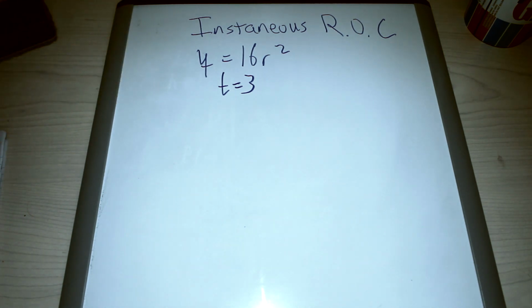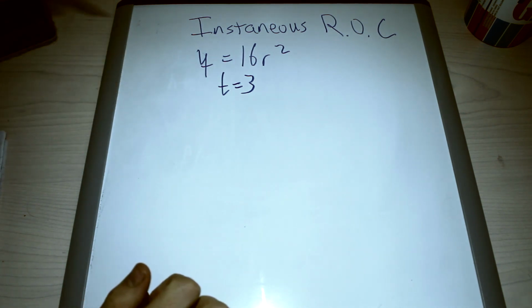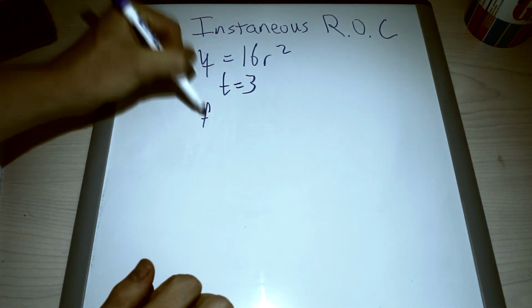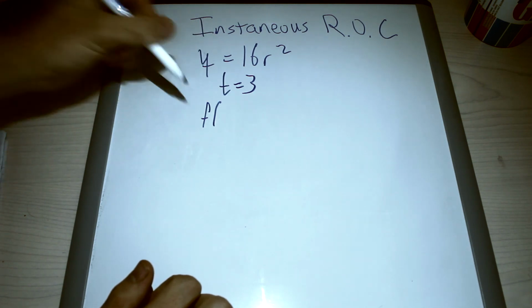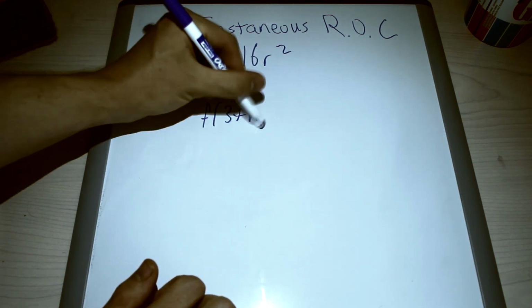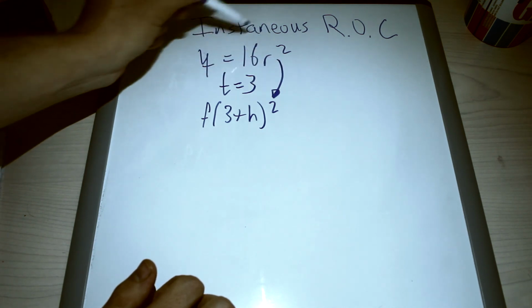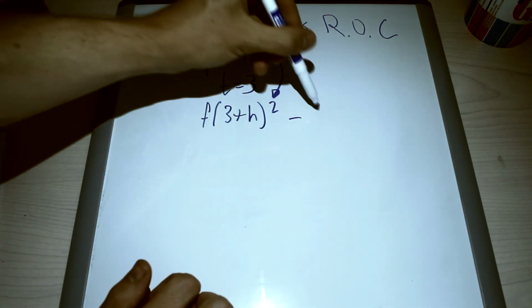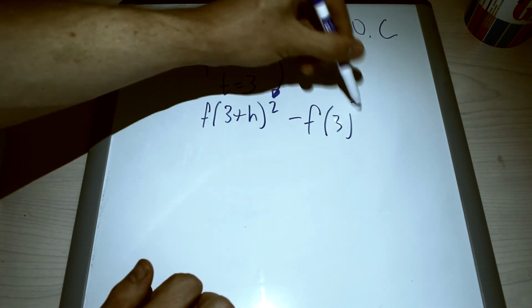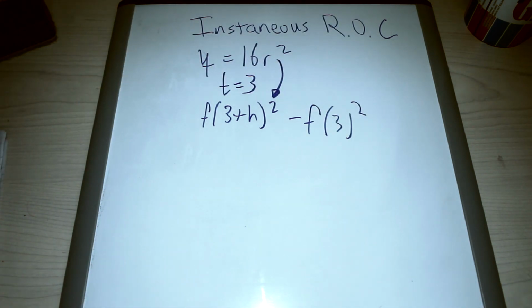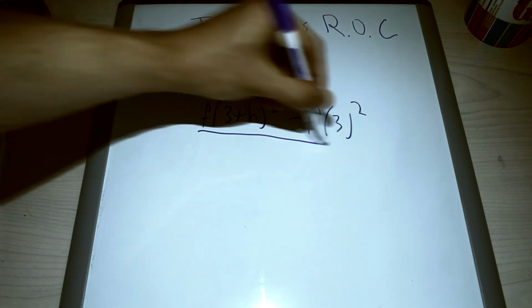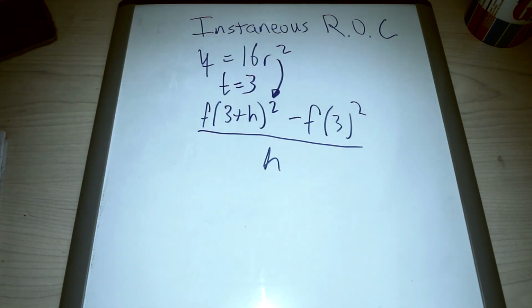Using the f of a plus h minus f of a all over h, we're gonna make sure we retain what the function is. So in this case, it's going to be f of 3 plus h squared, because we can't forget that part of the function, and this will be f of 3 squared, all over h.